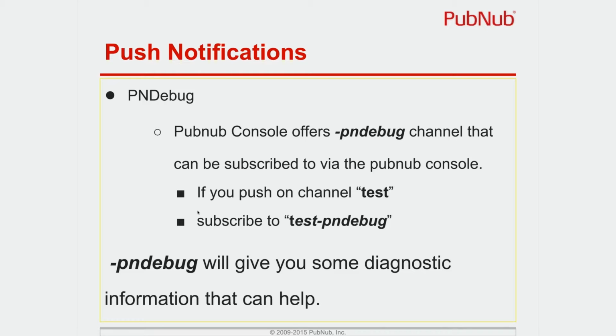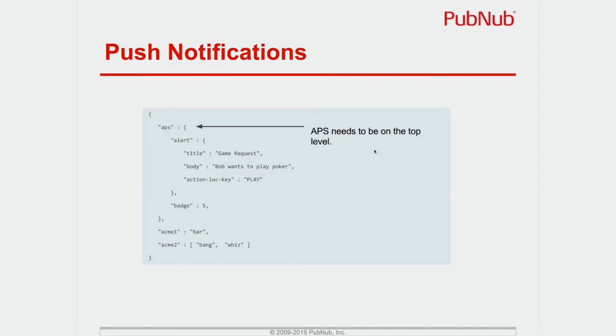And that will give me some indication that, number one, there are devices associated with the channel, that it recognizes that there's a push notification in a payload, and whether or not that push notification has been published. All right, so keep in mind, PNDebug is there, and you can subscribe to that.